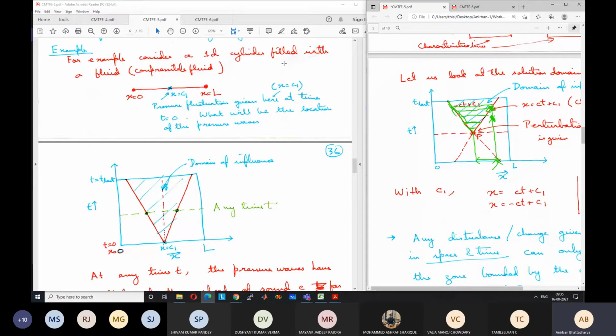Can anybody tell? I have a very long pipe, 100 kilometers long, and it's a frictionless pipe, so no friction is occurring, or very little friction. And now I have opened the tap.